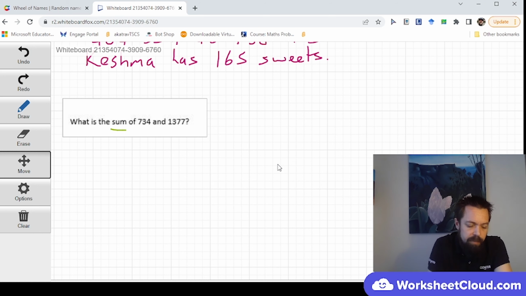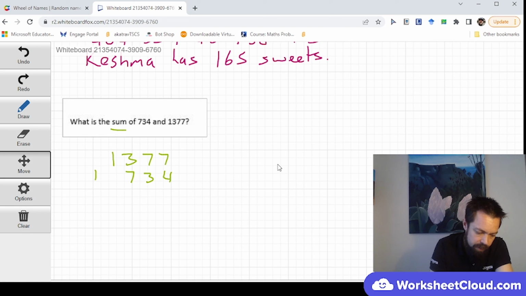Okay, so first thing I'm going to do with this is change the order, because I prefer to have the bigger number first, and with plus it doesn't matter. So I'm going to use column method for this. 1377. I'm going to make sure my hundreds line up with hundreds, tens with tens, and units with units. I could have written a number sentence before, so I could have said 1377 plus 734 equals.